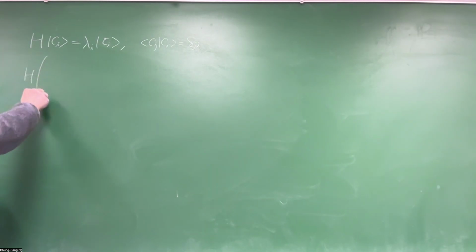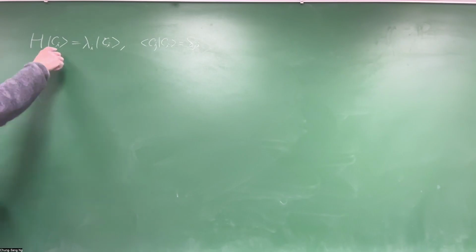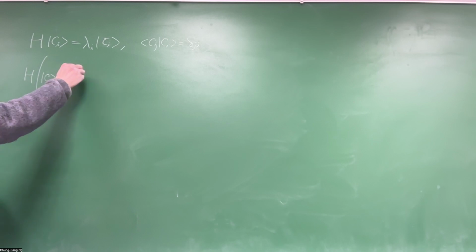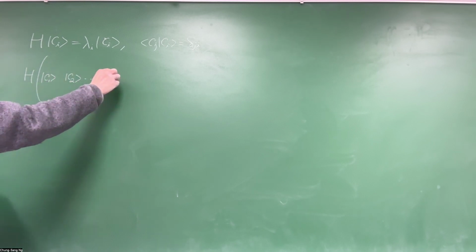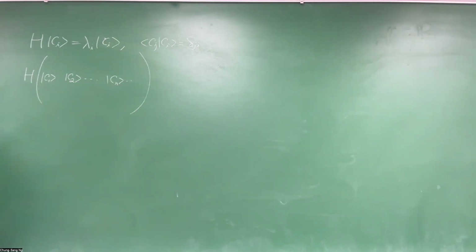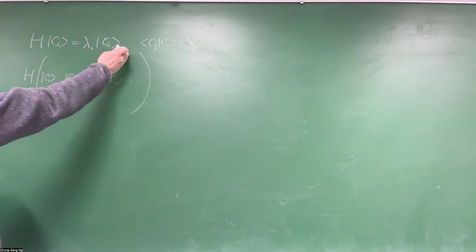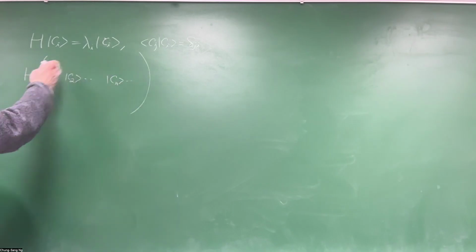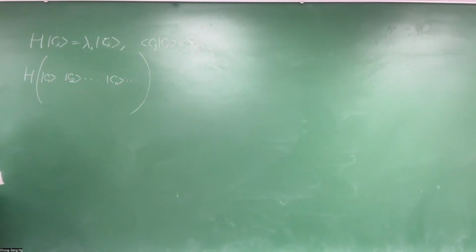The first column is C sub 1, the second column is C sub 2, and so on up to C sub n, or infinite if the dimension is infinite. So we put all the column vectors, these eigenvectors, together and form a square matrix. Is that okay? That's the first procedure.